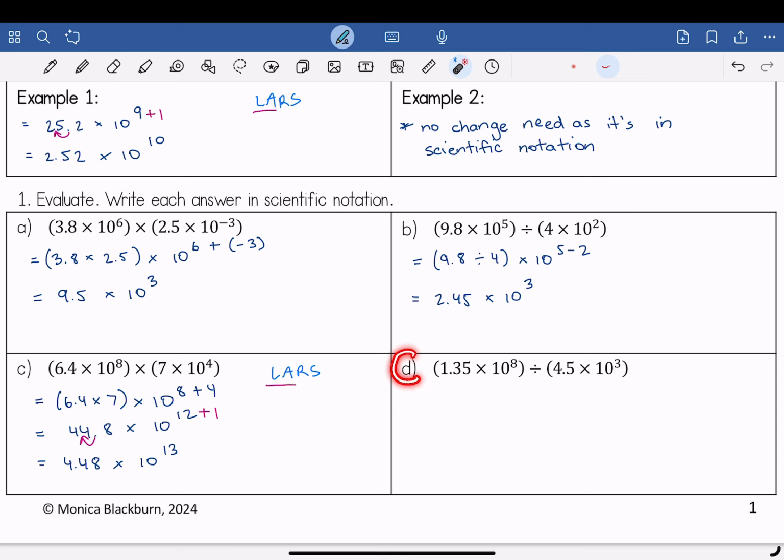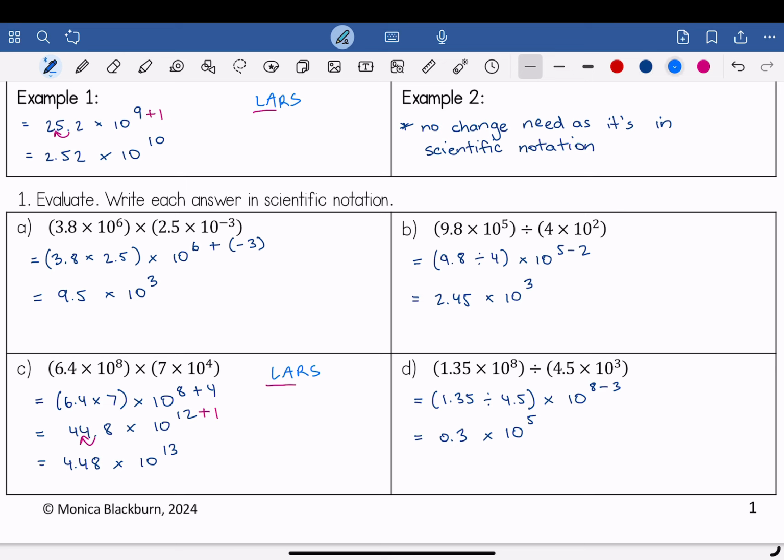Let's look at D. So we have division. We're going to divide the coefficients. 4.5 multiplied by the power of 10 to the exponent of 8 minus 3, which is equal to 0.3 times 10 to the power of 5.